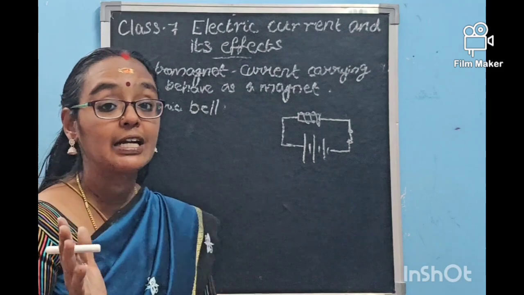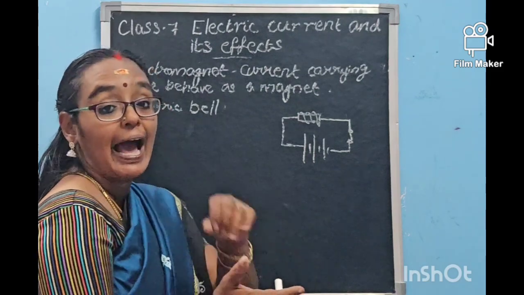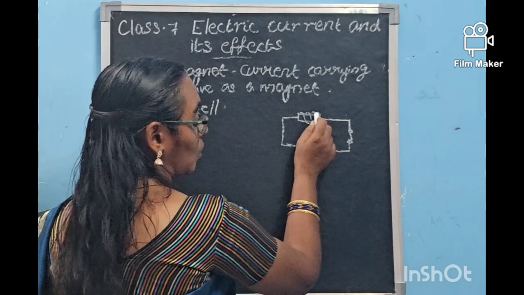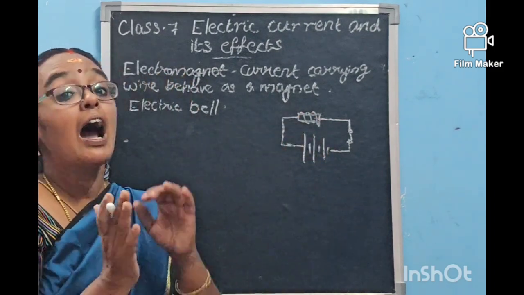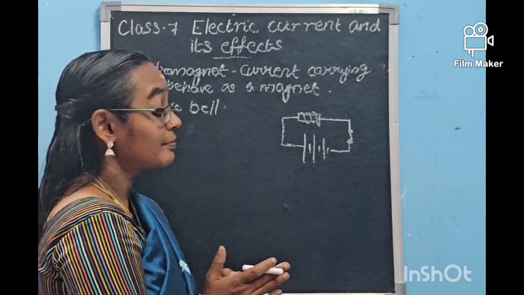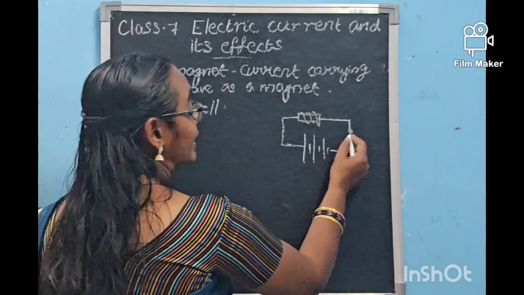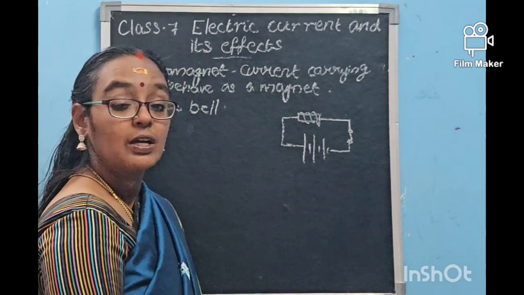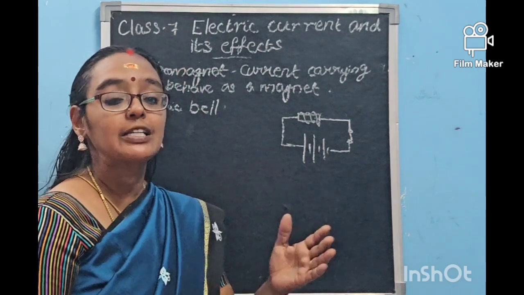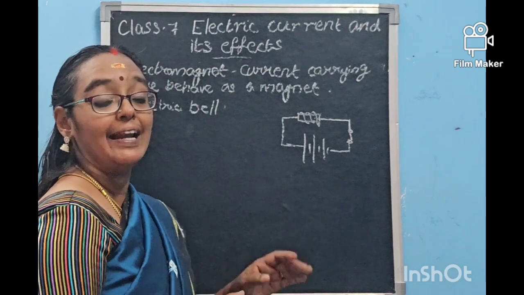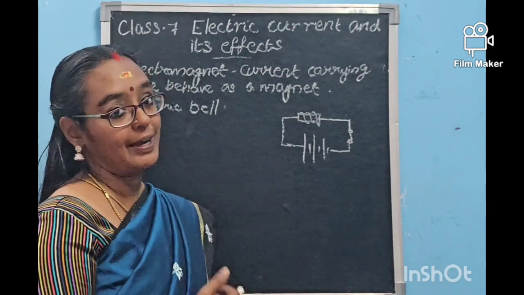Moreover, if iron substances are brought near, this iron core will attract them to itself. But what happens when the electric current is stopped? The iron's magnetic property also stops and it behaves like normal iron.